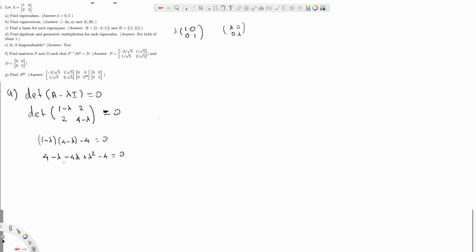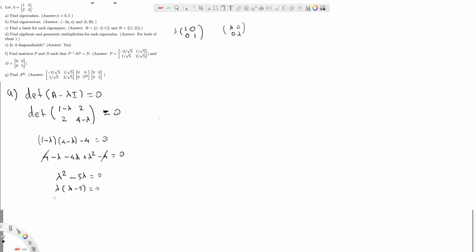Now I rearrange and solve. I can cancel the 4 and 4, and I get lambda squared minus 5 lambda equal to 0, and I can take lambda common. It becomes lambda times lambda minus 5 equal to 0.